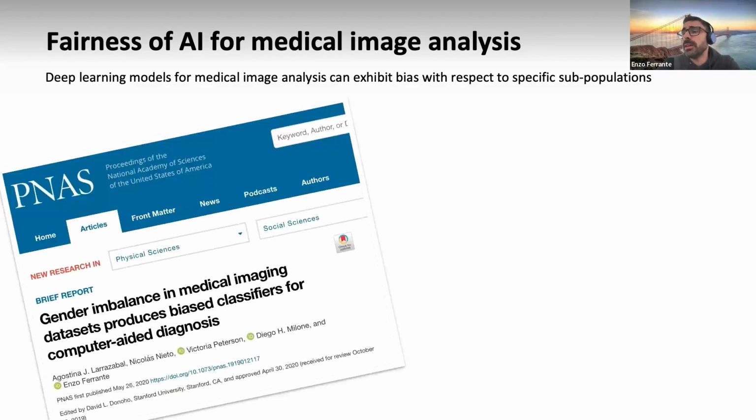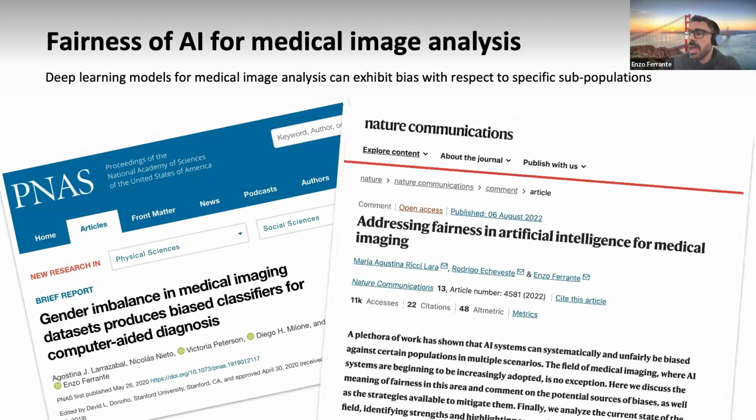And this is a topic I've been pretty involved in during the last years. We started working on that when we published this paper back in 2020, I think, about how having highly unbalanced data sets in terms of gender, in this case, may impact the performance of classification models.